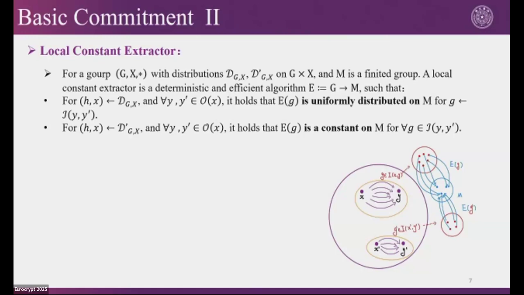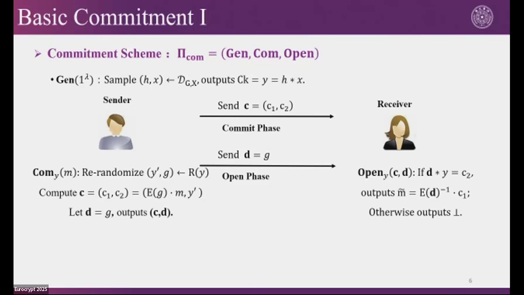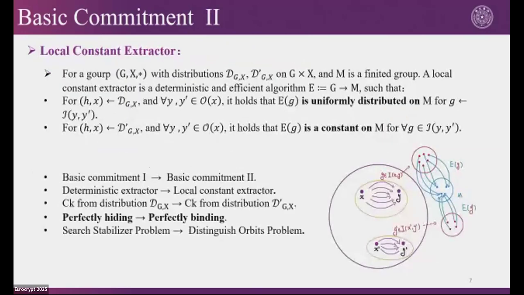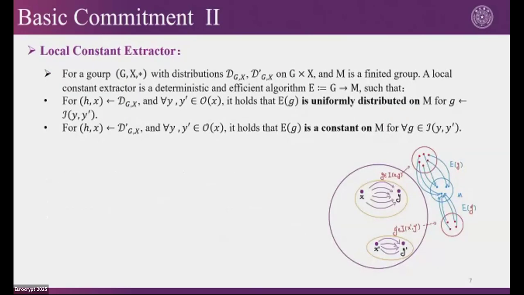For distribution E, the behavior of the local constant extractor is the same as the deterministic extractor. But for distribution E prime, the behavior is different, which means for Y and Y prime in Ox, it holds that Eg is a constant on M, just as shown in the picture.